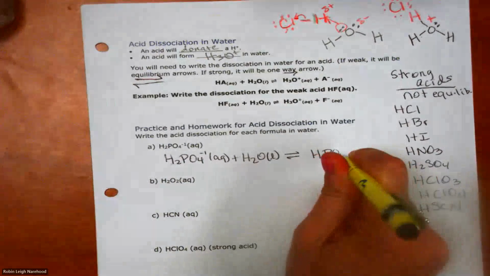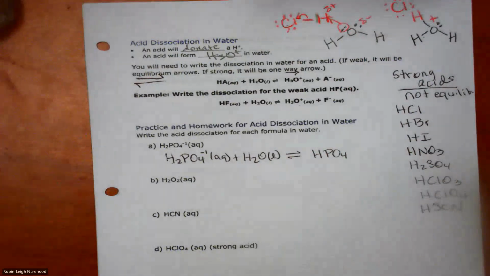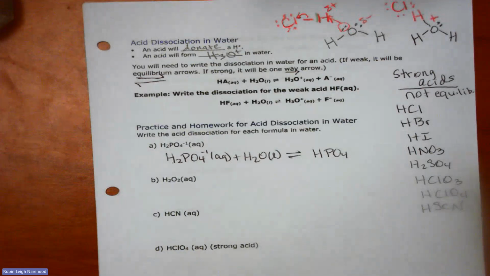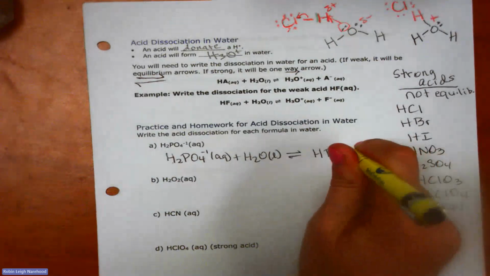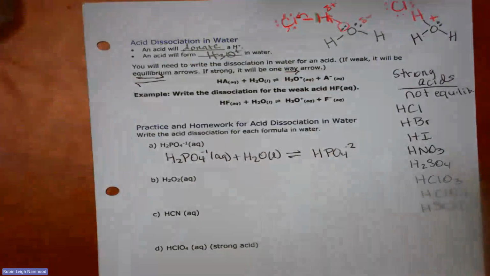HPO4, and its charge becomes more negative. It changes by -1. So it increases its negative by 1. So it goes from -1 to -2. Because now there's 2 oxygens that are missing a bond.